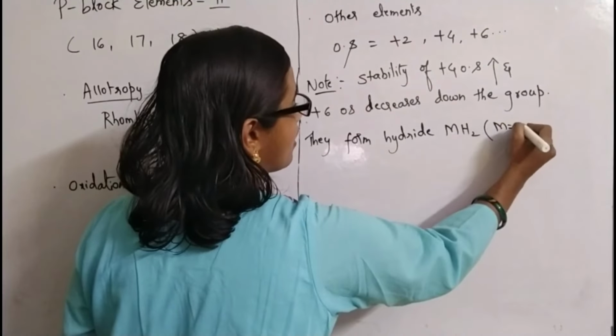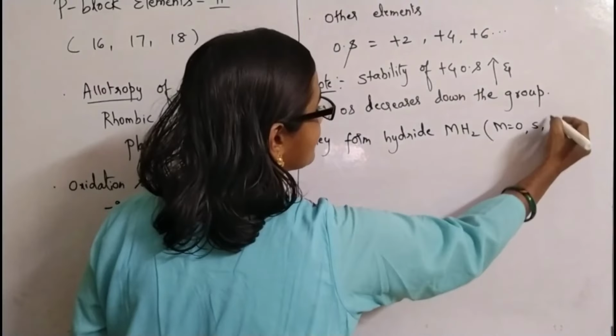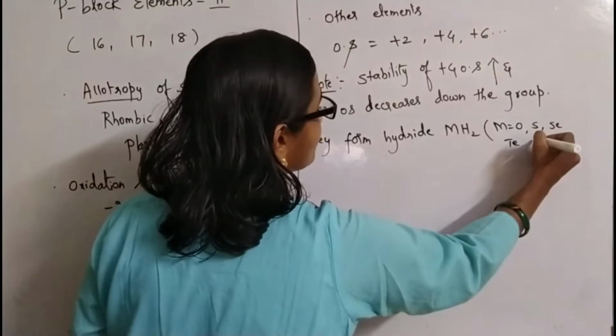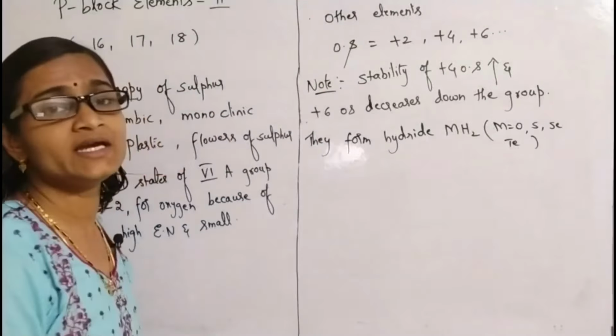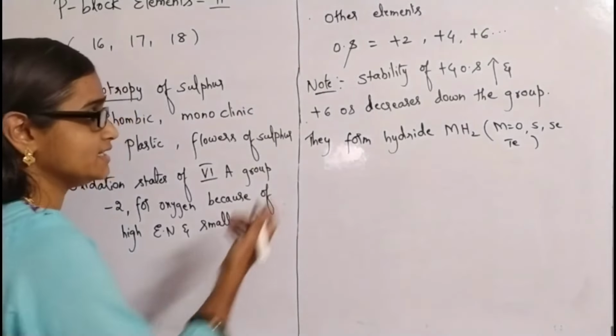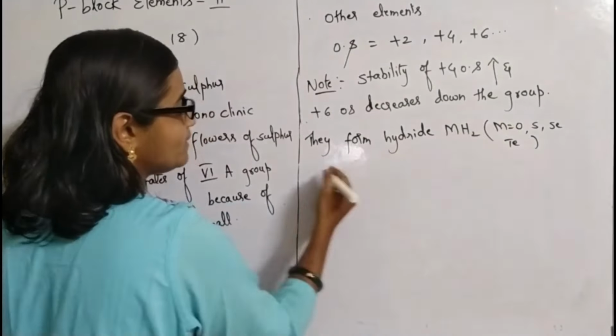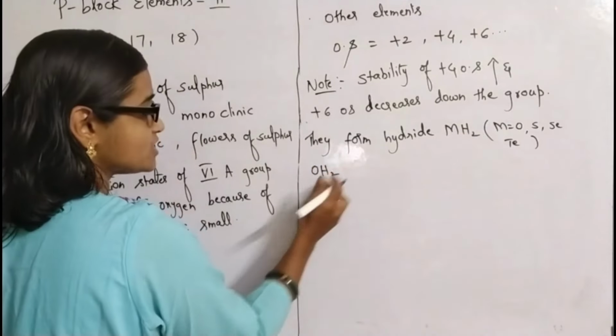M can be oxygen, sulfur, selenium, tellurium and polonium. Polonium, however, is a radioactive element, so I am not writing that. So for MH2 type hydrides, if you write O in place of M, OH2 means H2O.